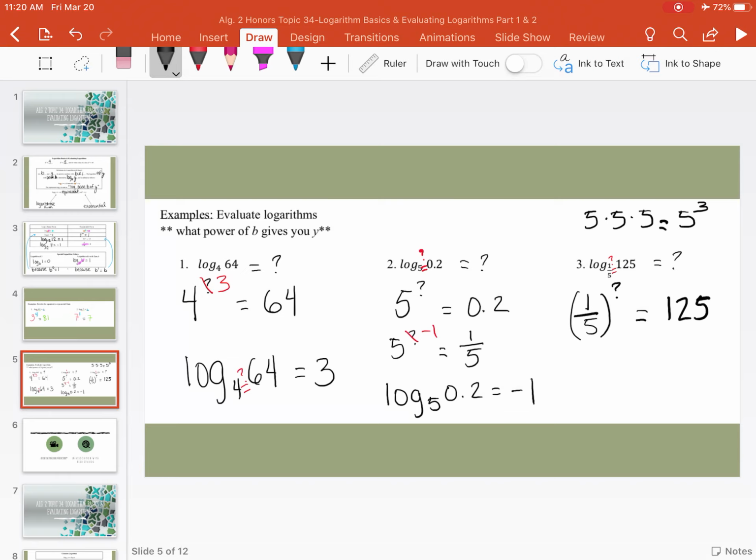Now notice here, because we have a fraction, that is going to involve a negative exponent because our answer is something that's also not in a fraction. So if we're converting from fraction to a whole number, we are going to have to deal with a negative exponent. So instead of raised to the +3, this is going to be raised to the -3. So we can rewrite this as log base 1/5 of 125 equals -3.